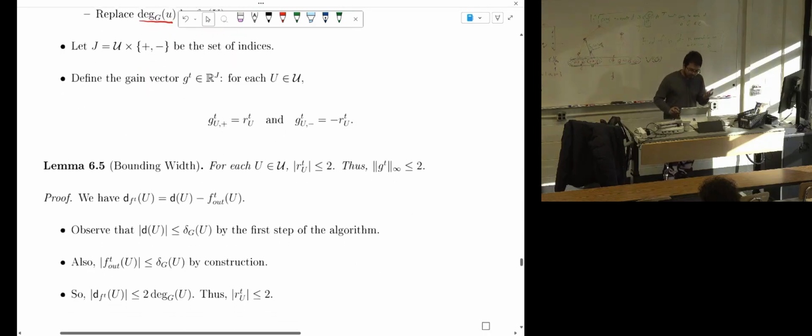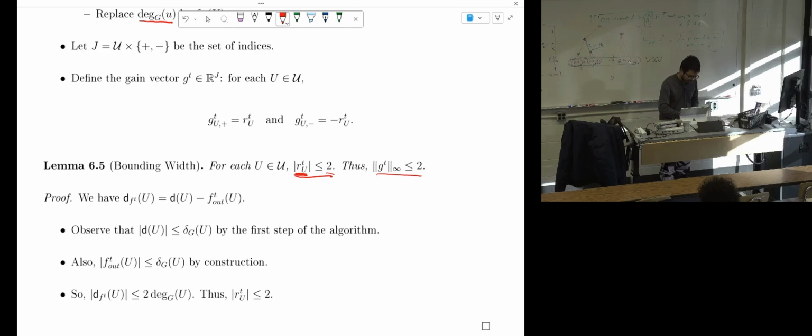And you can go through the same thing, which shows that the relative excess has absolute value at most 2. So this is at most 2. And that's just because, I don't know if I should go through it, but it's just the same proof.